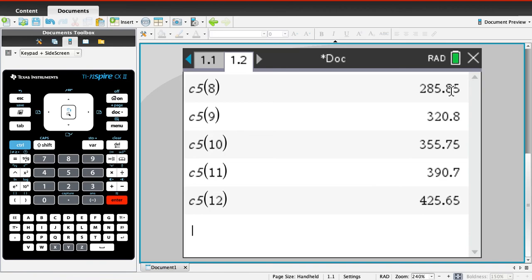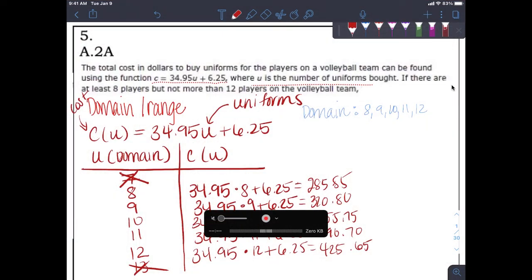So let me write those down. 285.85, 320.80, 355.75, 390.70, 425.65. All right. So as you can see over here, these guys are my range.